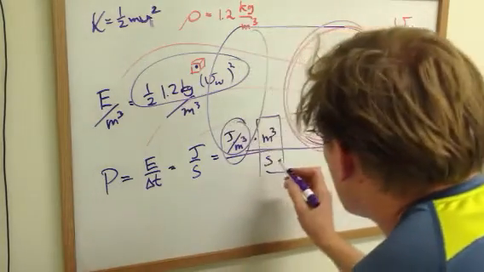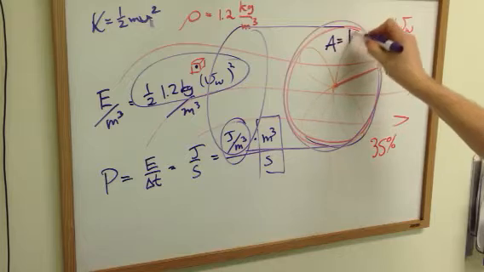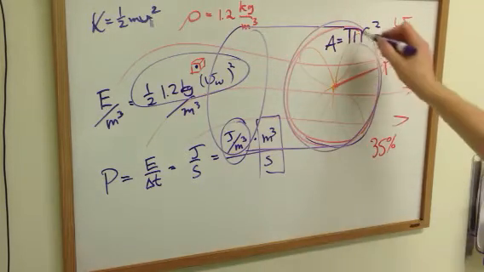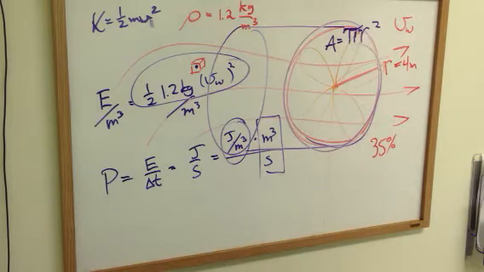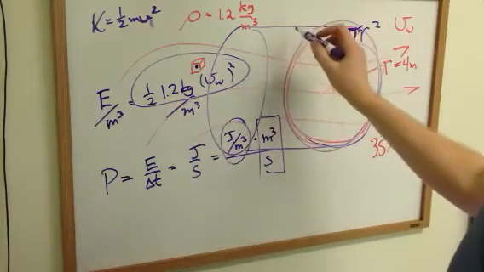So what's the area of this? This is pi r squared. We know what the radius is. Pi r squared. And what's its velocity? We know its velocity. We're given it.